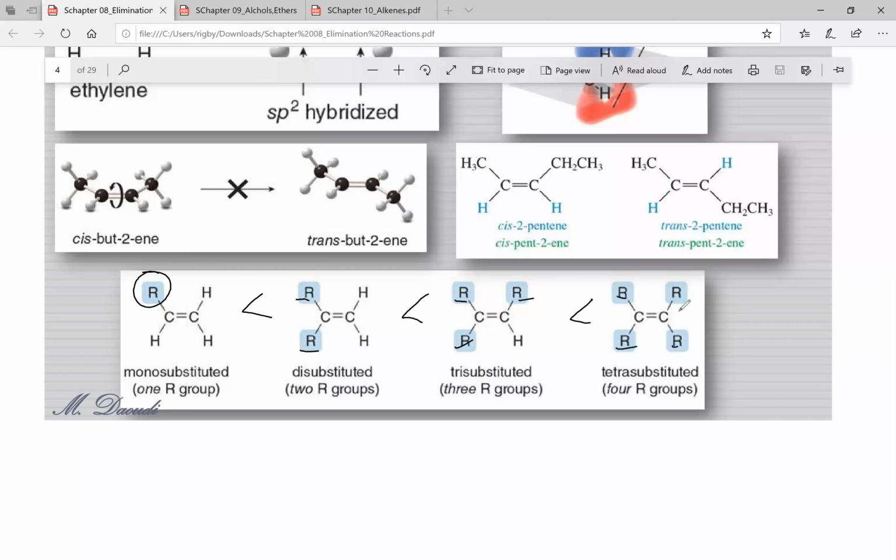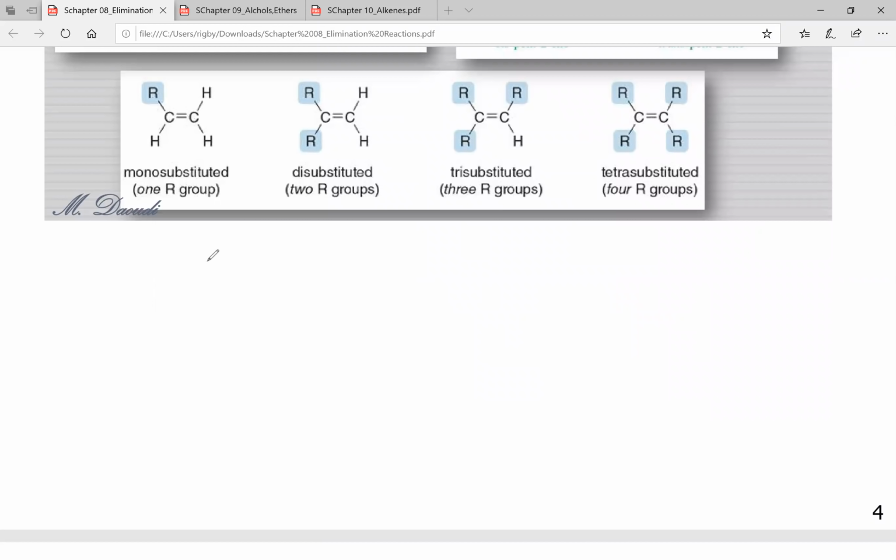So if I were to compare, like let's say that I wanted to compare this alkene versus this alkene, we can see here that this alkene on the left is going to be monosubstituted, and this alkene on the right is going to be disubstituted.